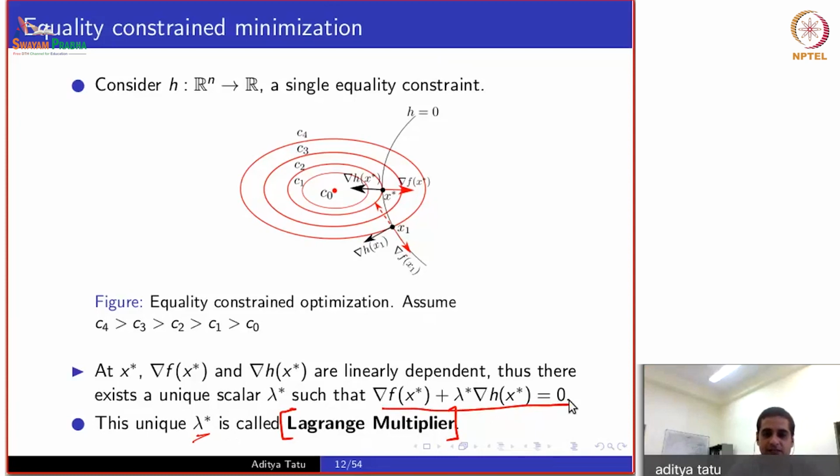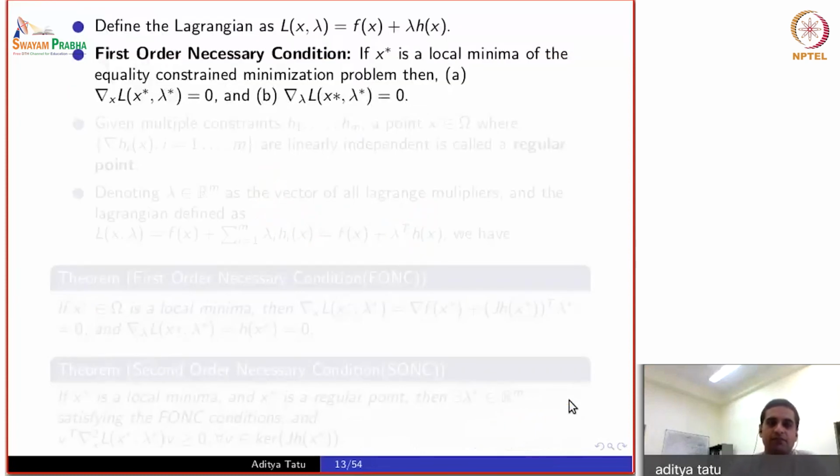Okay, so let's now just rewrite this. We define a new function called the Lagrangian. It is a function of two variables, x and lambda. Define it in this way: f(x) plus lambda h(x). Then if x star is a local minima of this equality constraint minimization, then the derivative of this Lagrangian with respect to the variable x must be 0.